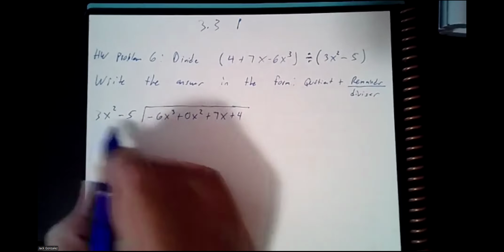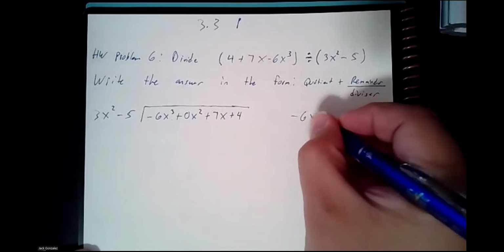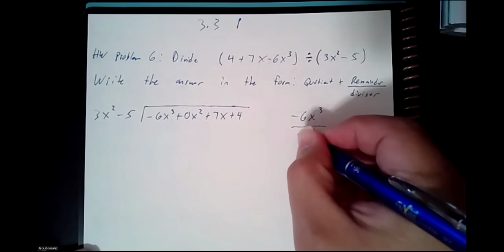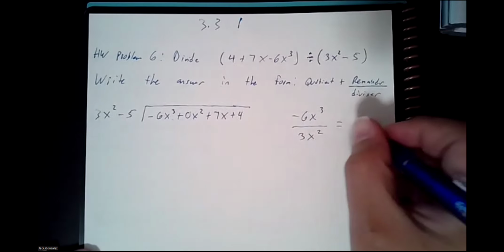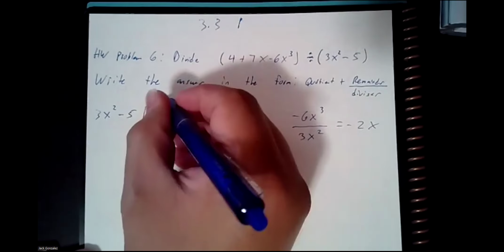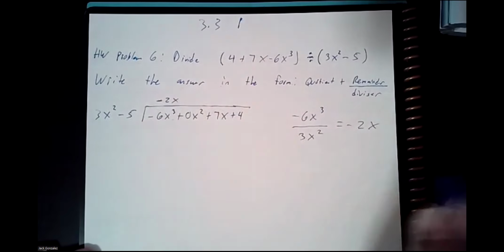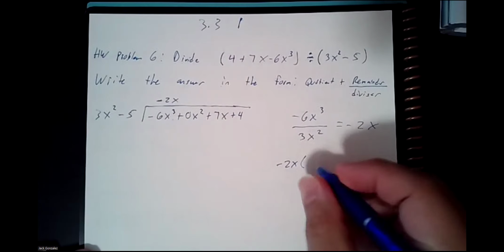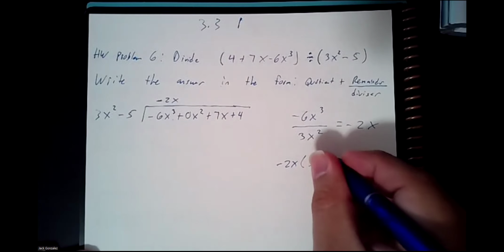Okay, so 3x squared into that, just like before. That gives me a negative 2x. Now that goes up here. Then we multiply the negative 2x times the divisor.